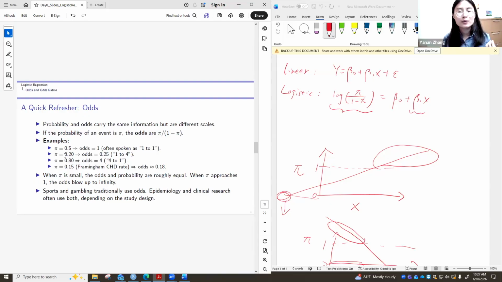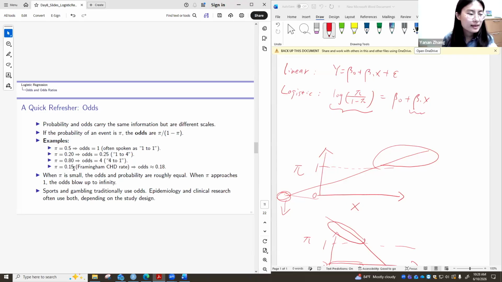Similarly, if we know the probability of winning a game is 20%, the odds would be 20 over 80, because 80 is the probability of failure, right? 20 over 80 equals 1 to 4, so it also equals 0.25. Similarly, if we use the Framingham data, and we know the overall rate for coronary heart disease is 15%, what's the corresponding odds?